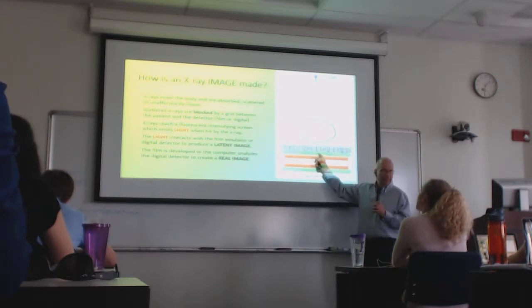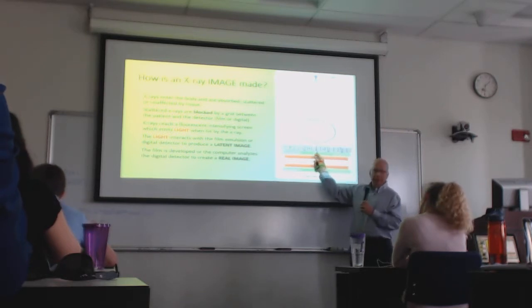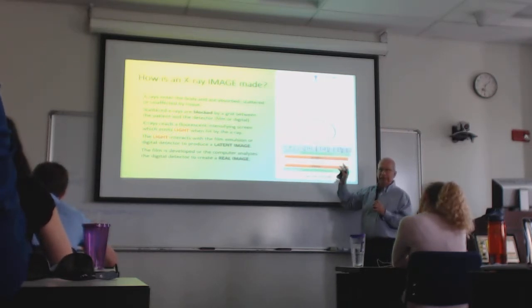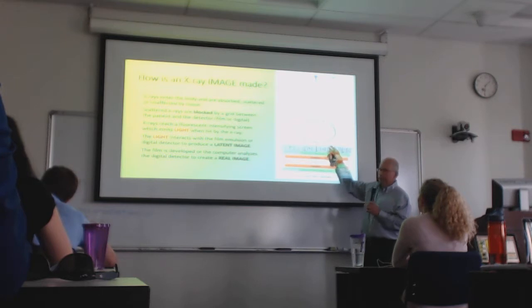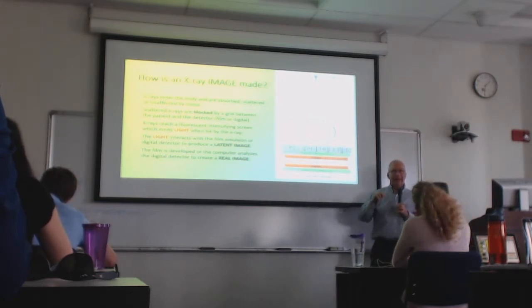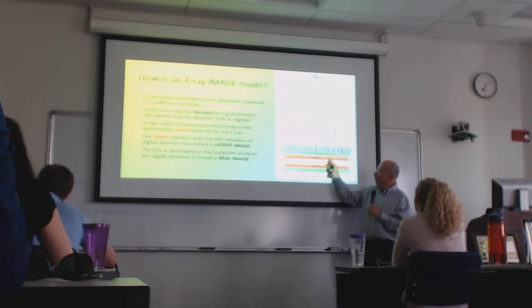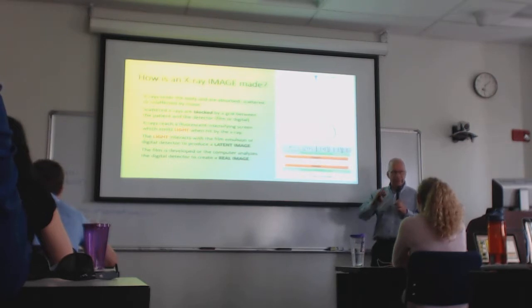So what you've got getting through the grid are X-rays that tell you where in space the thing is in the body, but also, because their energies are now somewhat different, how thick or thin, or how easy or difficult it was for that X-ray to get through the body. So the grid is there to keep everything anatomically correct and to defeat any scattered X-rays.